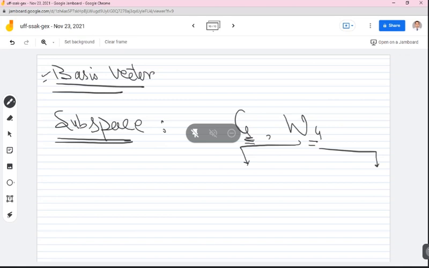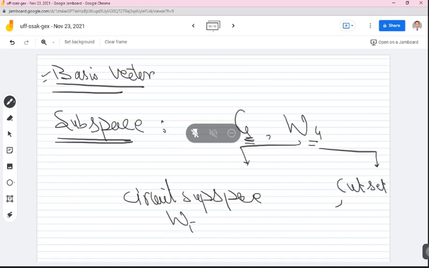Okay, so the first one is the circuit subspace, denoted by W gamma, and the second is the cut set subspace, denoted by WS.